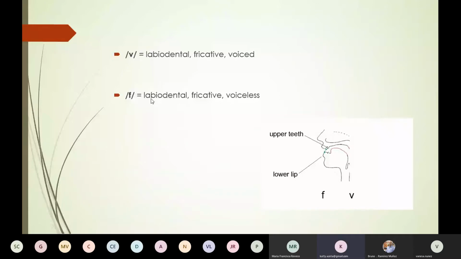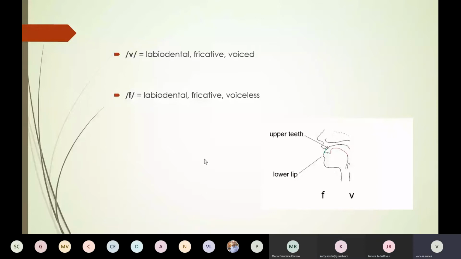That we use our lip and our teeth to produce the sound? Yes, thank you.